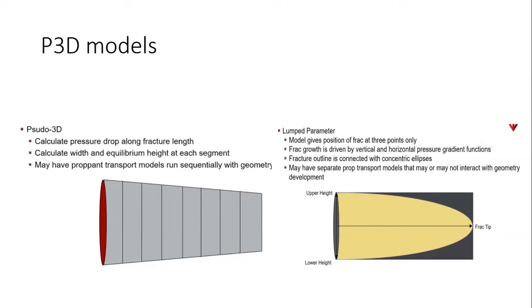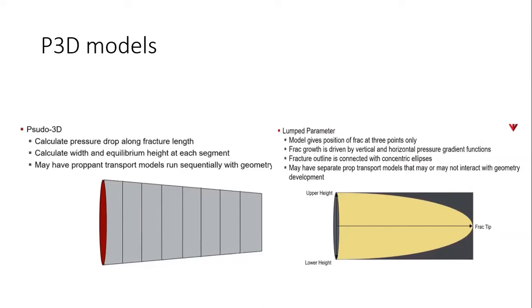Although in the industry there are some types of pseudo 3D model. One of them gets some details in modeling, which is the cell-based pseudo 3D model that we can see in Frackade by Schlumberger, and the lumped pseudo 3D model.